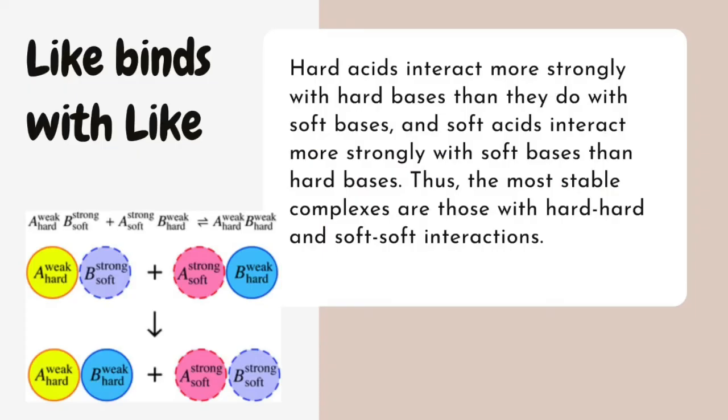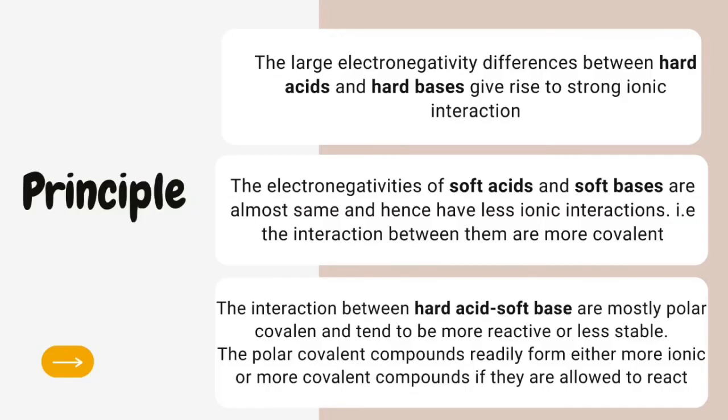And this is like binds with like: hard acids interact more strongly with hard bases than they do with soft bases, and soft acids interact more strongly with soft bases than hard bases. Thus, the most stable complexes are those with hard-hard and soft-soft interactions. Okay, for the last is the principle of hard, soft acid and base.